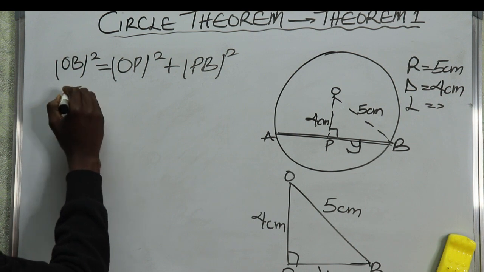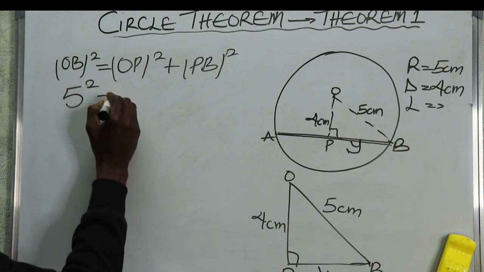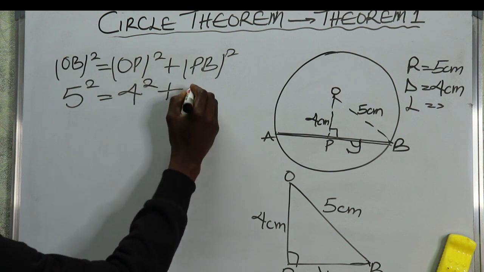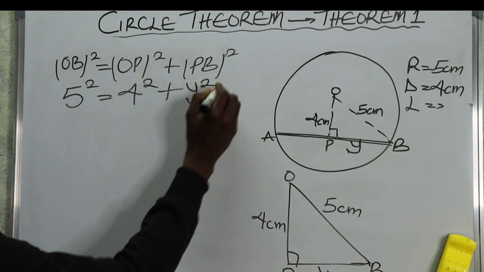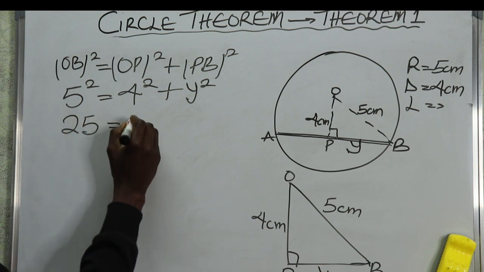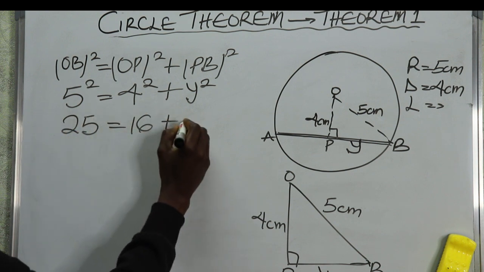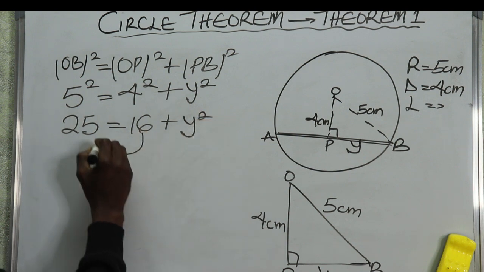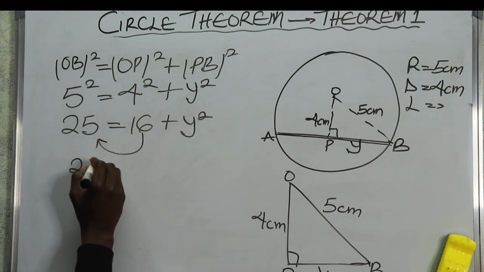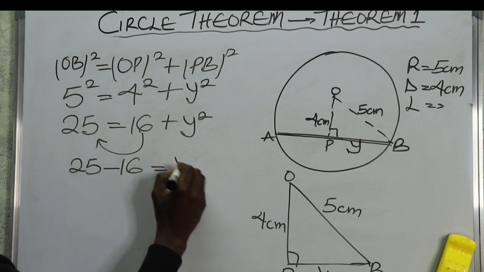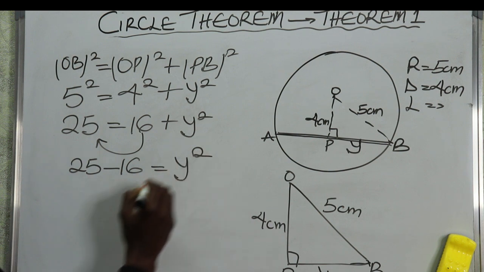So this will give us 5 square equal to 4 square plus y square. While this gives us 25, this will give us 16 plus y square. Now take note, this will come over here to give us 25 minus 16 equal to y square.